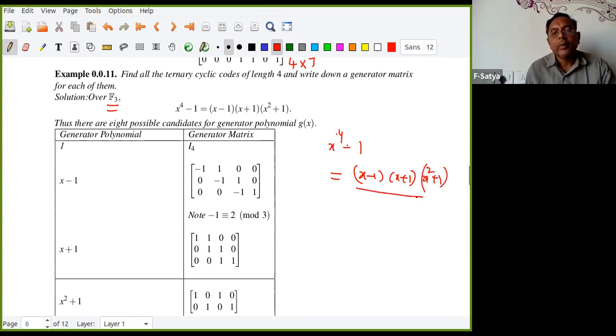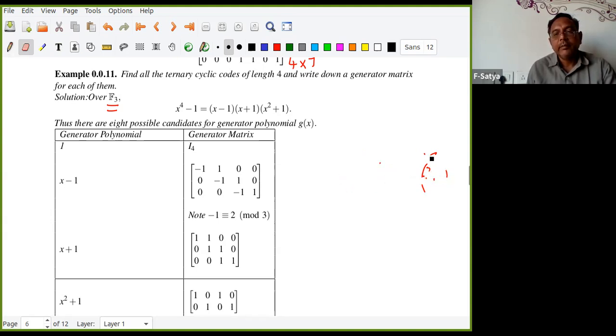So in total how many codes will come? There are 3 polynomials. How many divisors will be there? 8, right? 8 divisors will be there.